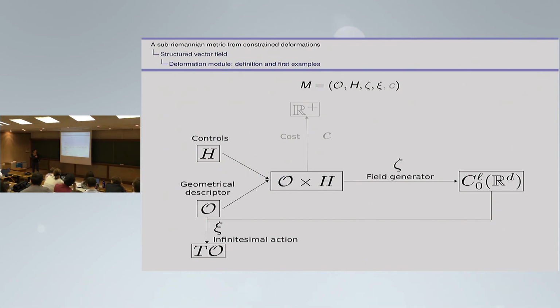Note that the infinitesimal action here takes in input any kind of vector fields that are regular enough, not only those that are generated by the field generator. So you can move the geometrical descriptor by something else than the vector fields that it generated itself. And then a cost function specifies how much it costs to use a particular value of geometrical descriptor and control. And so this is how you're going to penalize certain trajectories compared to others.